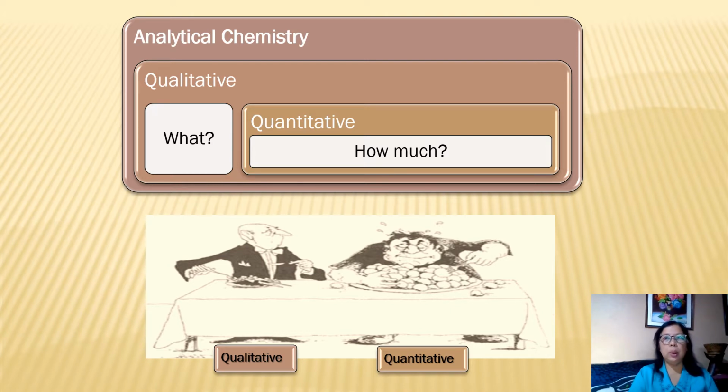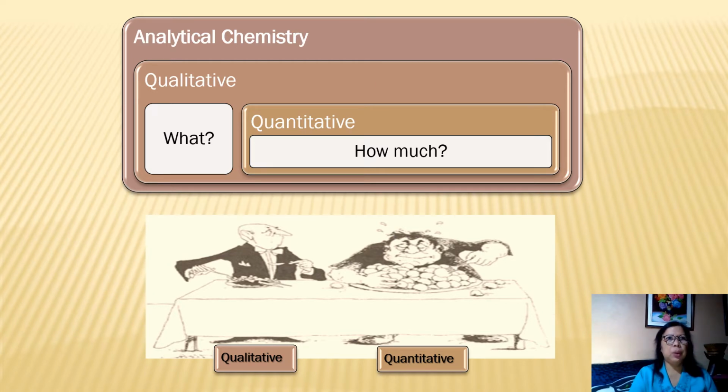If you are holding, for example, a certain food, let us take our vinegar, the sukabasi. If we look into some qualitative nature of our sukabasi, we are asking what is the taste? Of course, it is sour.